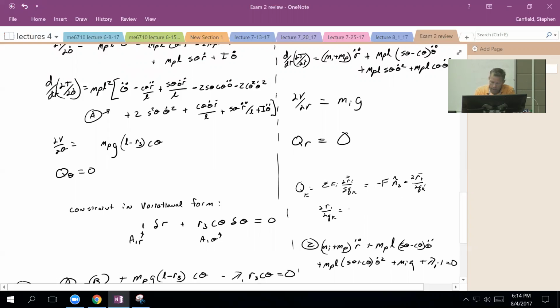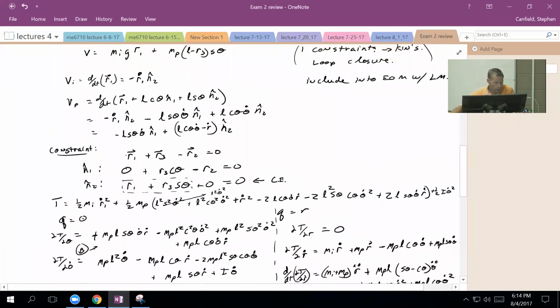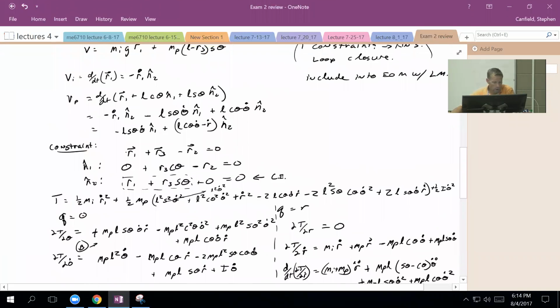I'll use my cancellation of dots and say that's equivalent to the partial of r1 dot with respect to qk. The partial of r1 dot we saw up here: r1 dot was just negative r1 dot n2.